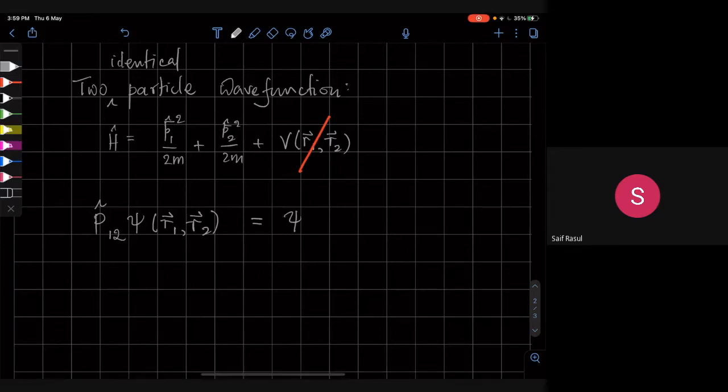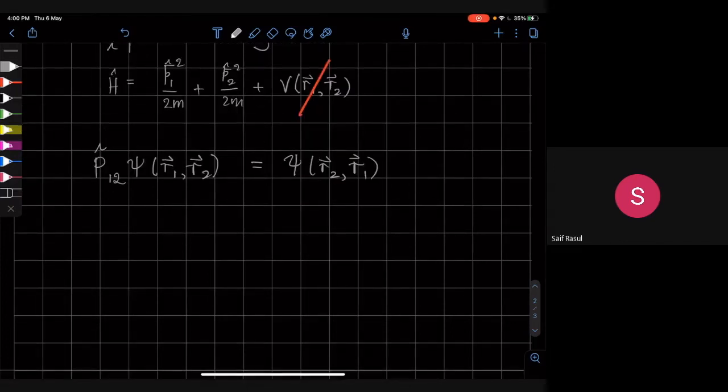Then it is defined by this equation where it just exchanges the arguments of the wave function. So this is how we are basically defining P12.